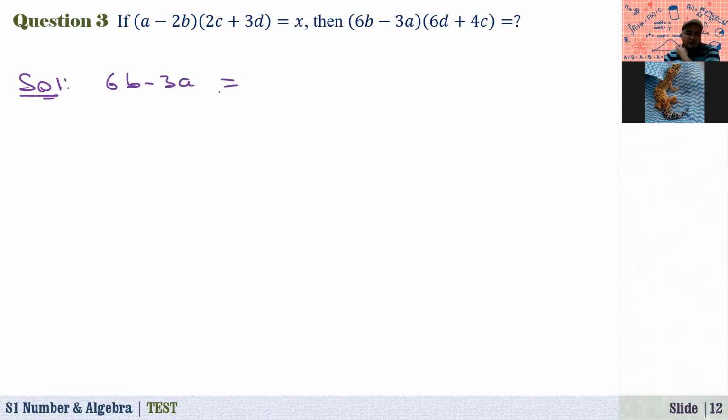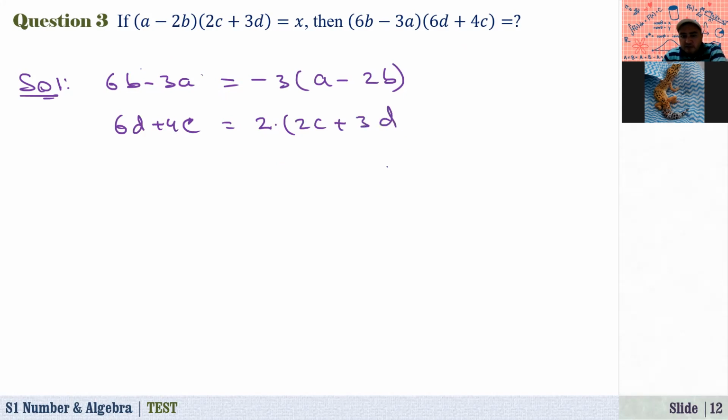If you factor out negative 3, what we have here? Negative 3 times (a minus 2b). The second one, here we have 6d plus 4c. What is a common factor? 2 is a common factor. Factor out 2, and write them in alphabetical order, first c, so we have 2(2c plus 3d).